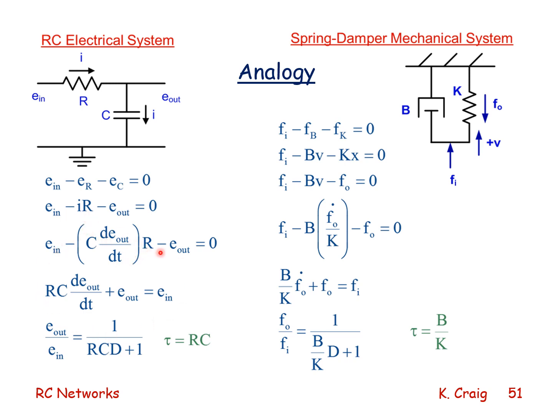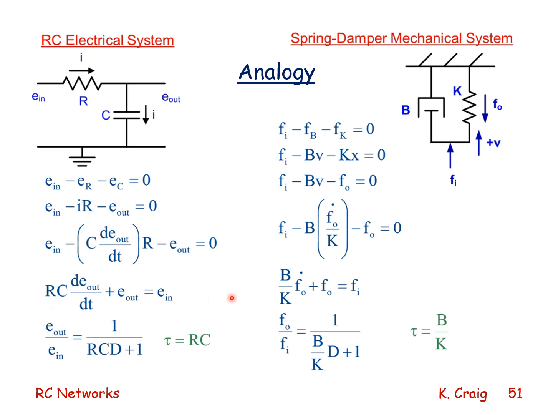I rewrite my equation, and I have my first order ordinary differential equation, which we've already looked at several times and are familiar with. Using the differential operator D, I have my transfer function, and tau, the time constant, is R times C. Now, if I just went over laterally to the mechanical system, I could write down just by inspection what the differential equation is and what the transfer function is for our mechanical analog.